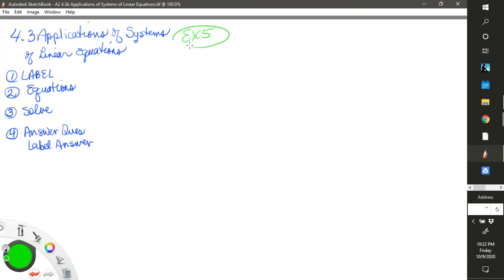Okay, let's take a look at example 5. Example 5 and example 6 are 3 variable problems. So yay, yippee, yippee, yay. We will have to do all 3 variables, and we'll have to use the 3 variable solution step that we learned in 4.2. So in example 5, we're at Panera Bread. We're buying a loaf of honey wheat bread.